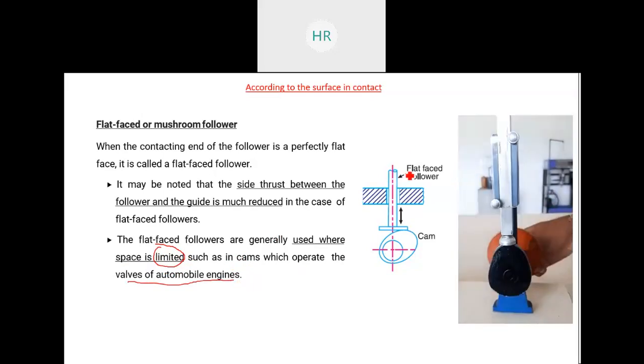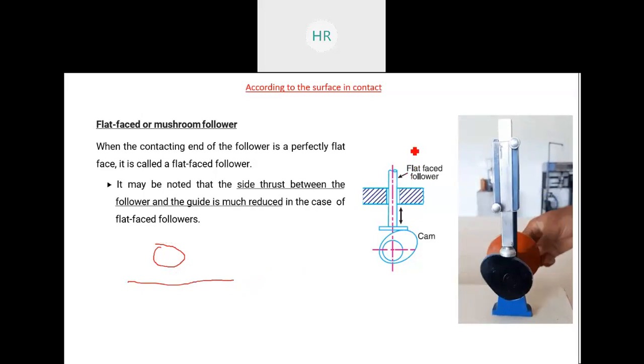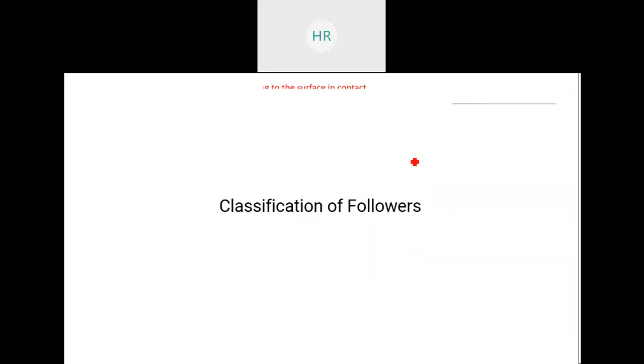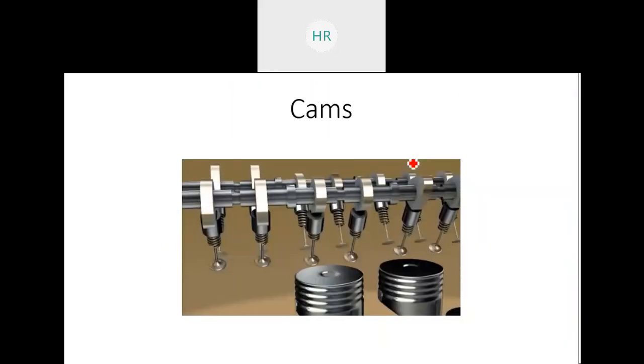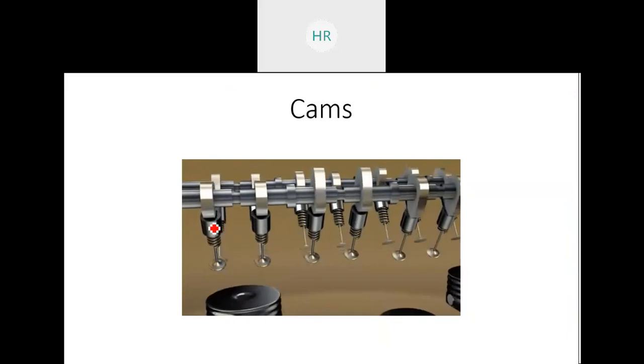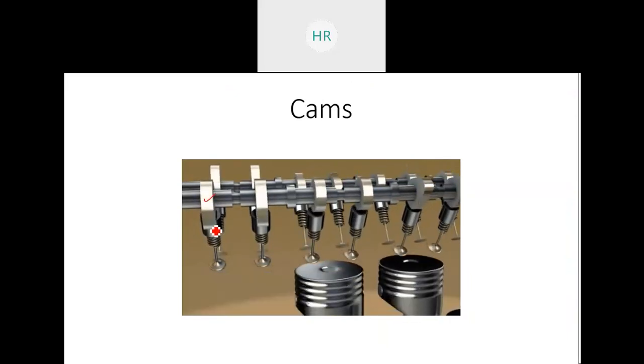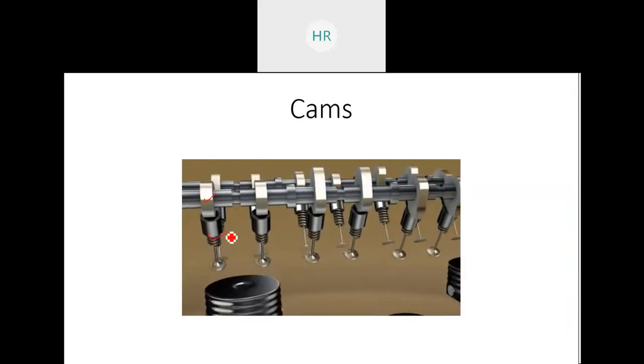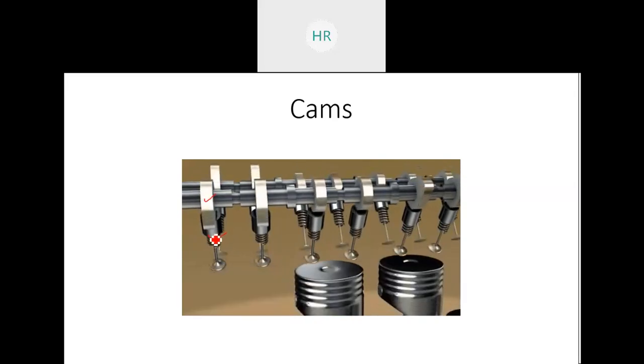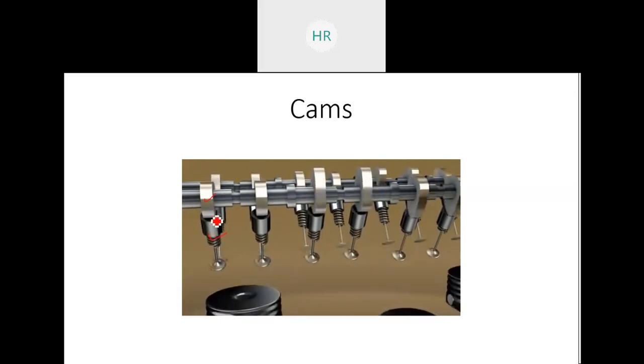The animation that I showed in the first title slide, let me show you again. Here you can see this is the cam and this one over here is the follower. You can see the followers are flat faced.